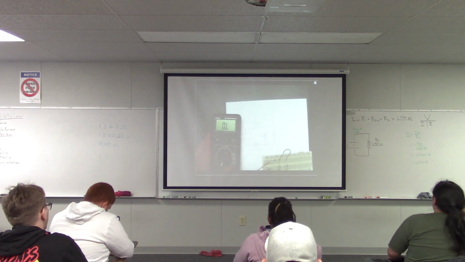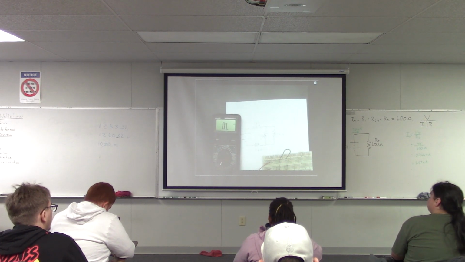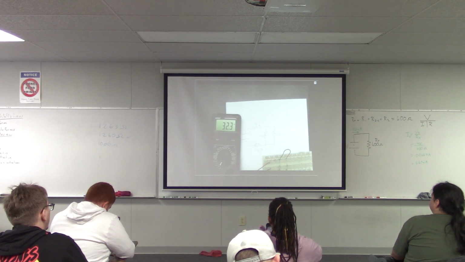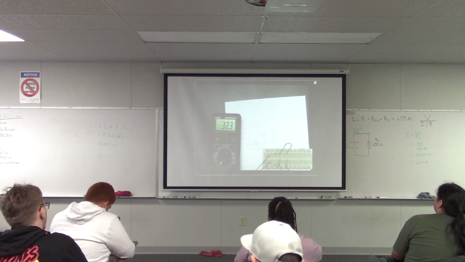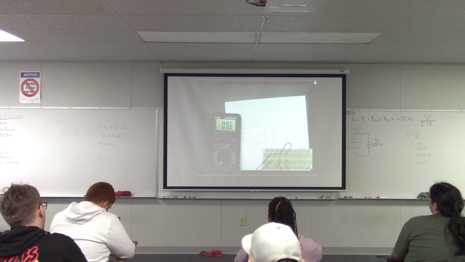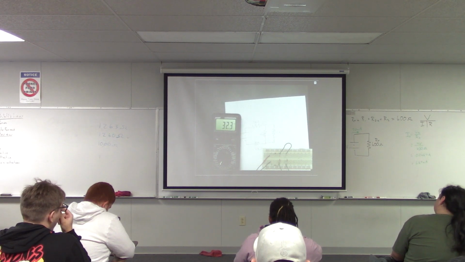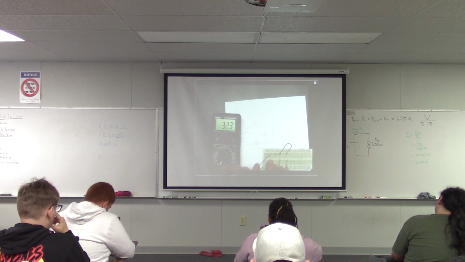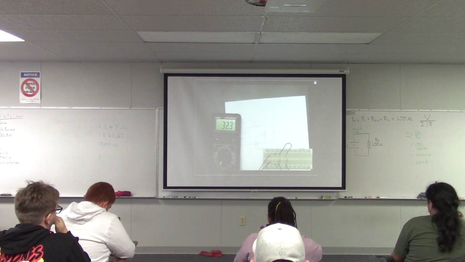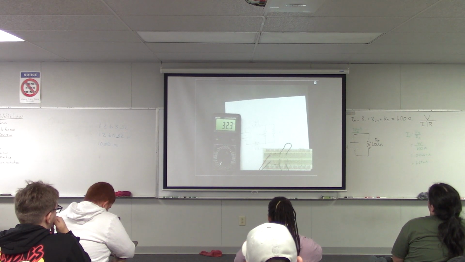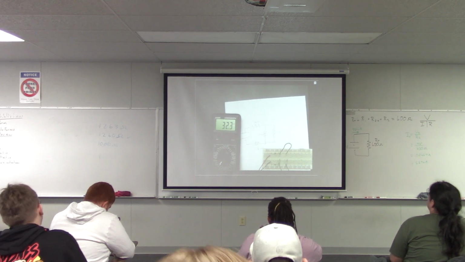You still have the meter in resistance measuring mode. You just hook up the meter to those two leads, and now that's your total resistance. Oh, now it's bouncing around, like we said. So that would be the total resistance for this circuit, okay? So that's how you can find the total resistance.